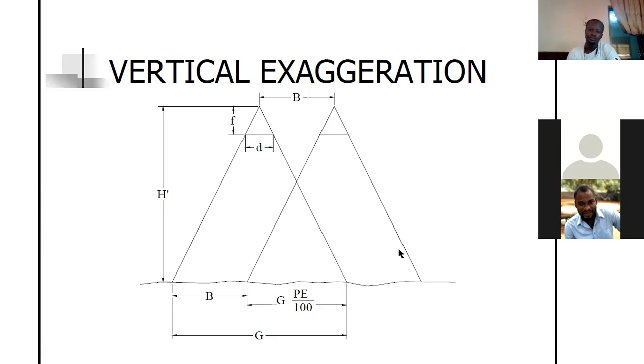The distance between, or the format of the photograph, is D. Are you okay? A 23 centimeter format photograph, D. That means the dimension of the photograph.